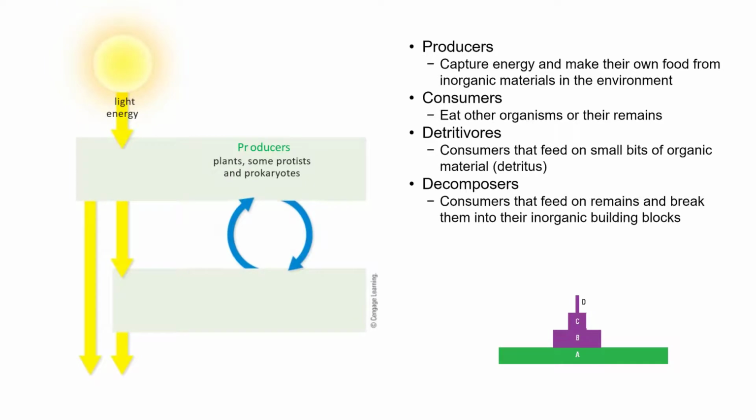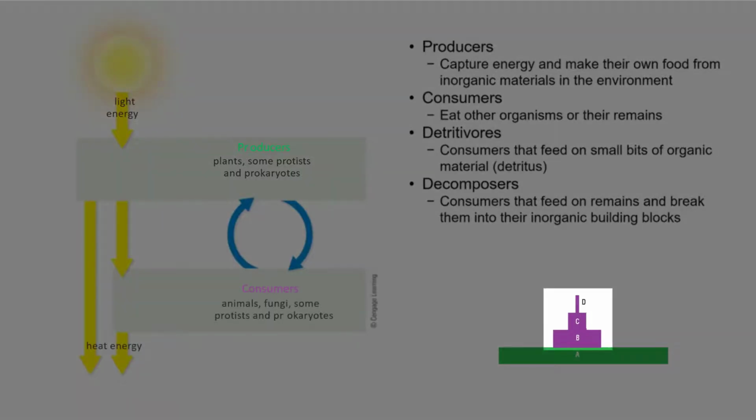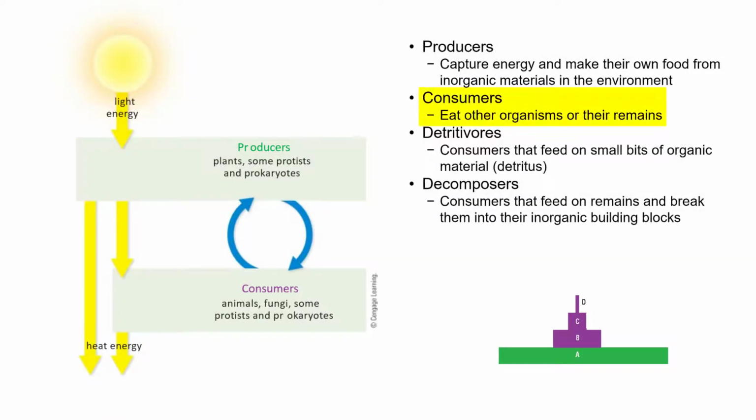Next on our pyramid are consumers. These are anything that eats another organism to obtain energy or carbon. So herbivores, predators, parasites, they all consume the tissue of other organisms to get those building blocks.